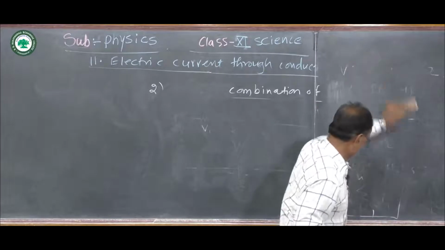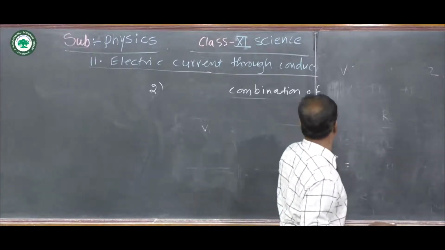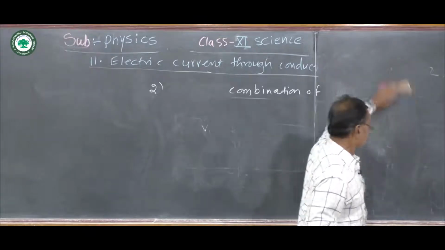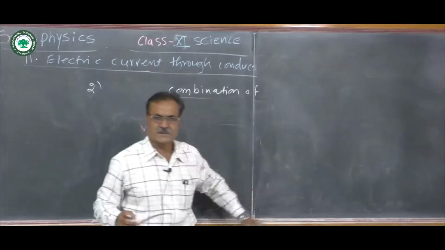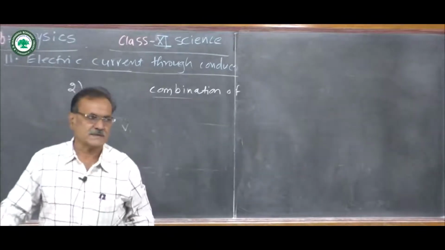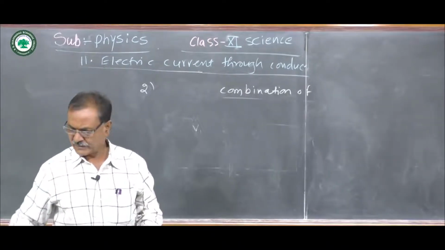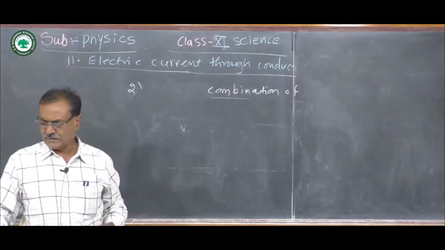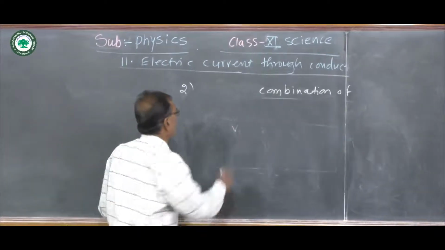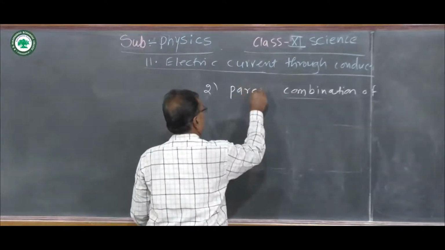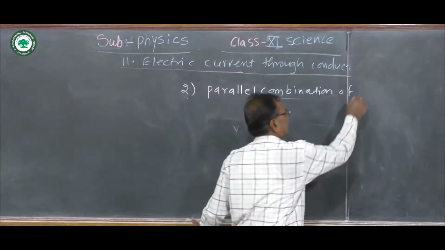In parallel combination, the resistors are connected in parallel. If a number of resistors R1, R2, R3, R4 are connected in parallel combination, by equivalent resistance we can find out the parallel combination of all resistances.